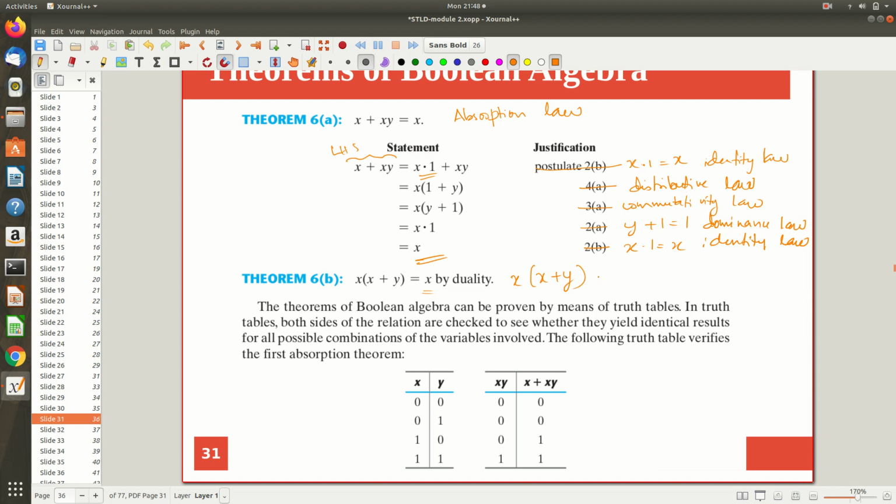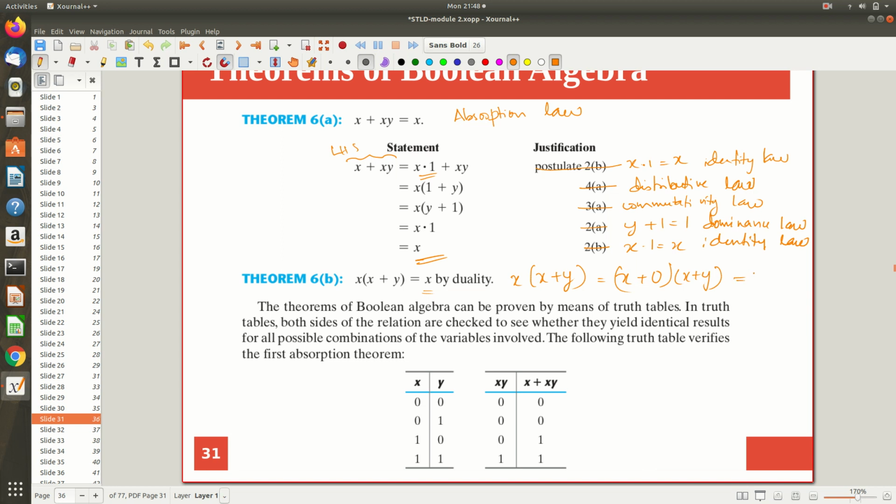This x here we multiplied by 1, right? But as it is the dual part, you have to add it with a 0. Multiplication will change to addition. Just apply the dual of the previous steps. Here I multiplied with 1, here I added a 0, right? That is how we are getting the dual. And then this x plus y, right? Now distributivity you can apply.